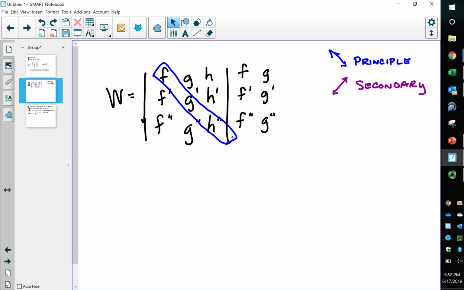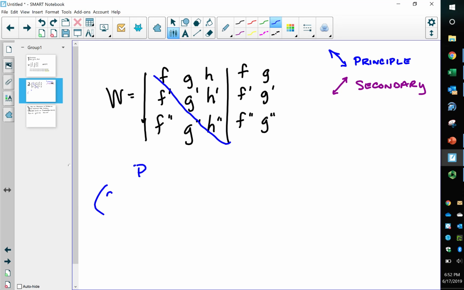So when we calculate this, we're going to multiply for the principal diagonal, f times g prime times h double prime, and then we're just going to add up all of our principals.